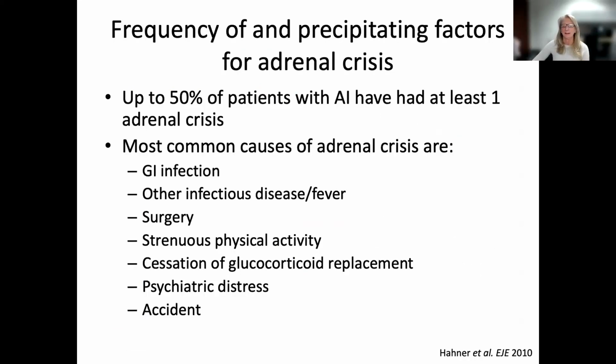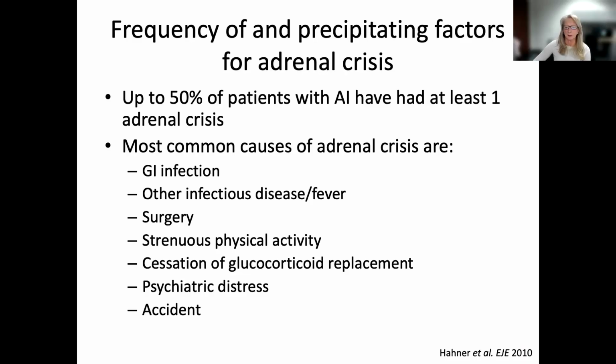Despite all the teaching and everything that we do with these patients to teach them about adrenal insufficiency, about 50% of patients with AI will have at least one adrenal crisis. The most common causes of adrenal crisis are GI infection, other infectious diseases and fever, and surgery, as we already talked about. Strenuous physical activity is not something that a lot of patients think about. They usually think about being sick or being in the hospital, and those are cases where you need to increase the dose.